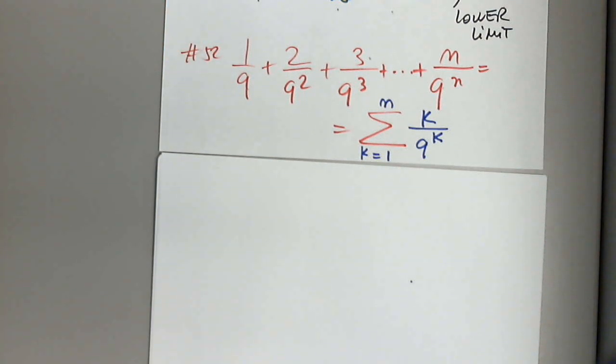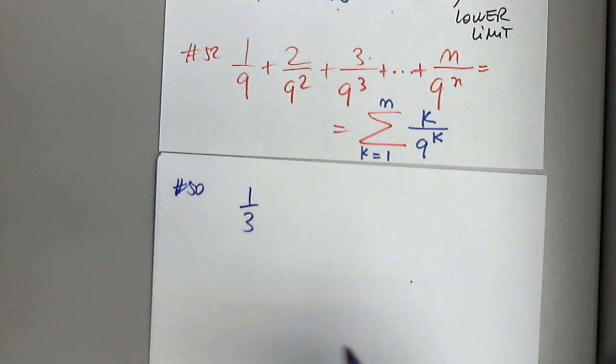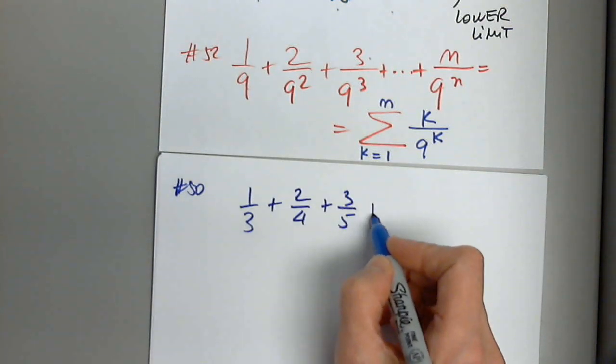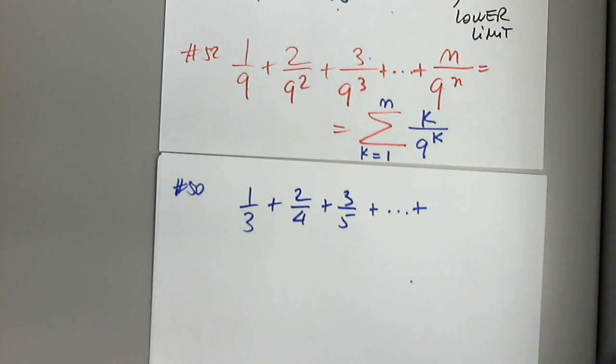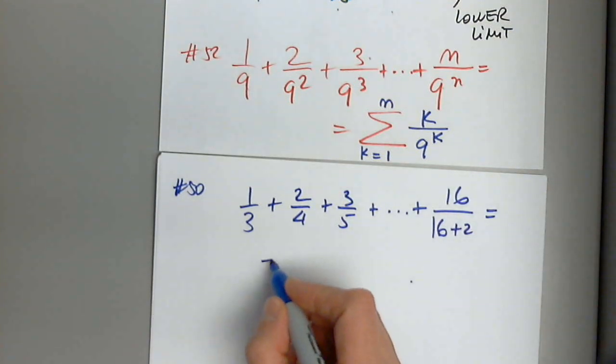Okay. One more. So this is problem 50: 1 over 3 plus 2 over 4 plus 3 over 5 plus dot, dot, dot, exactly 3 dots, 16 over 16 plus 2.